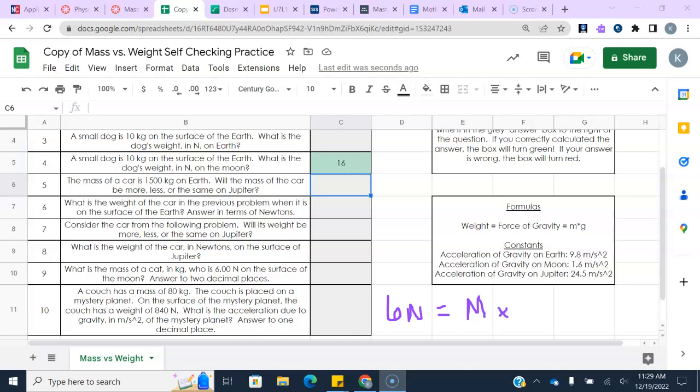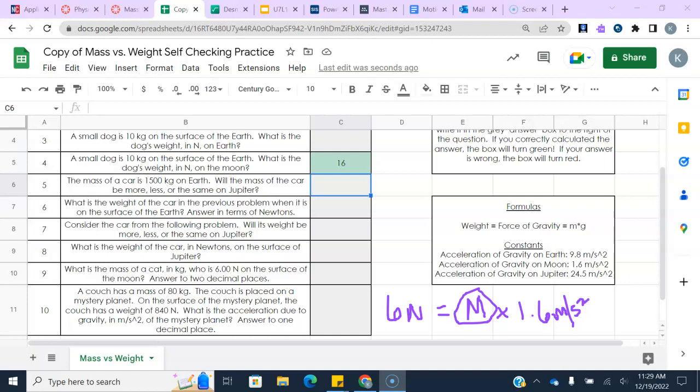times our acceleration, and we're on the moon, so we're going to use the acceleration of gravity on the moon, which is 1.6 meters per second squared. Now to solve this, we're solving for mass, so this is just an algebraic problem.